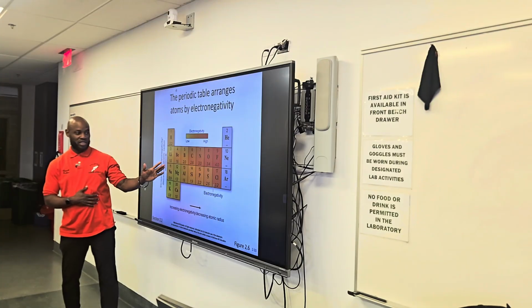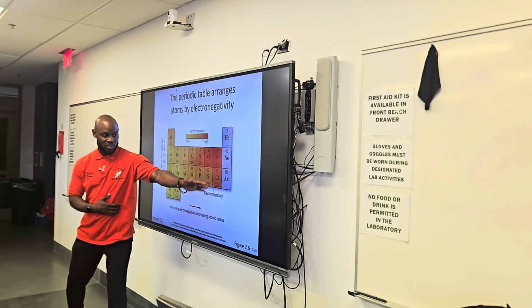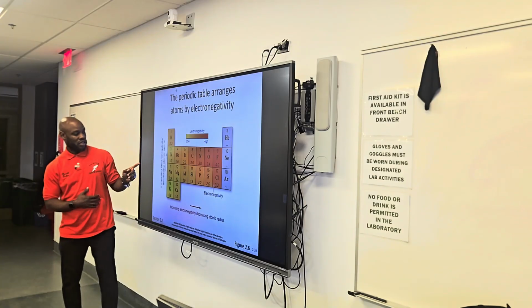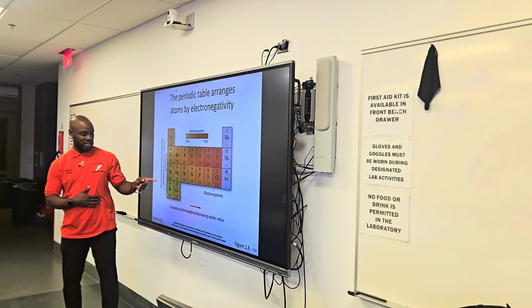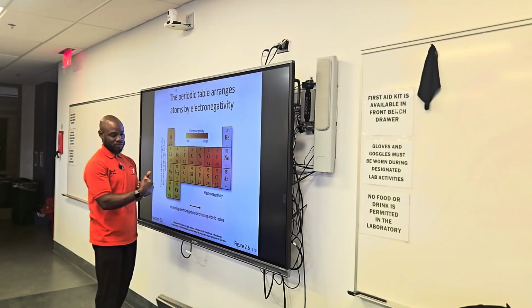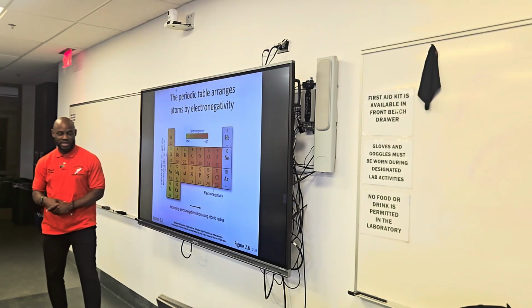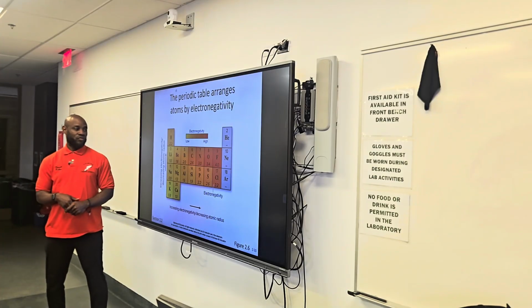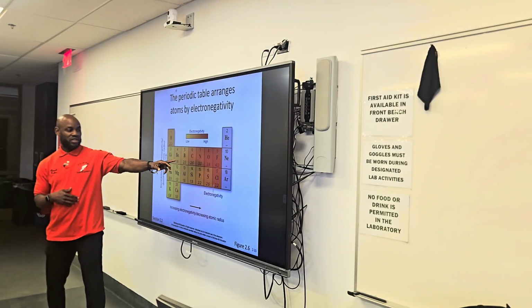And so looking at some of the key elements, we can see how electronegativity is much lower on this end, much higher on this end, right? Chlorine here, sodium, Na here.